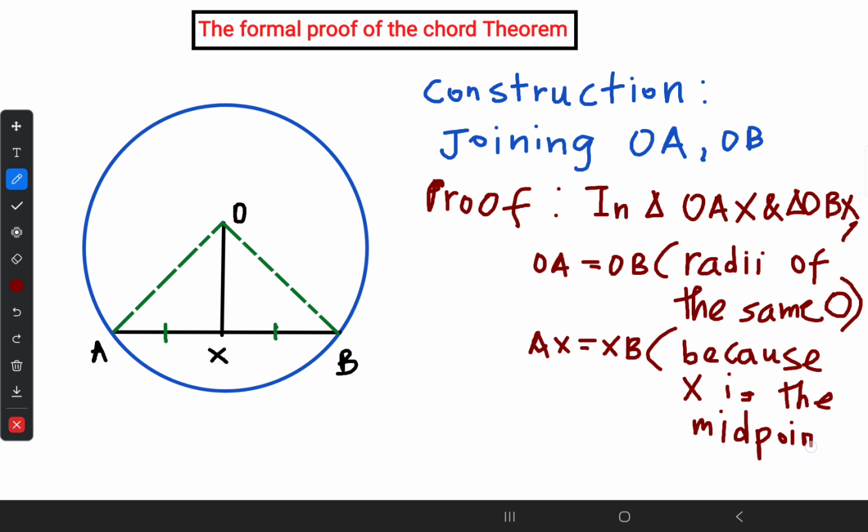Thirdly, one more. Here we didn't have any clues about the angular relationship. So we proved this and these are same. This one and this one are same. And between these two triangles, OX is the common side which belongs to both of these triangles. Common side.